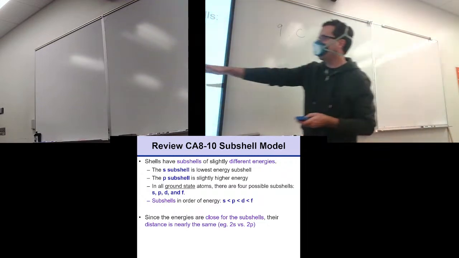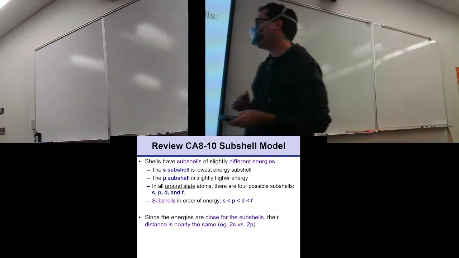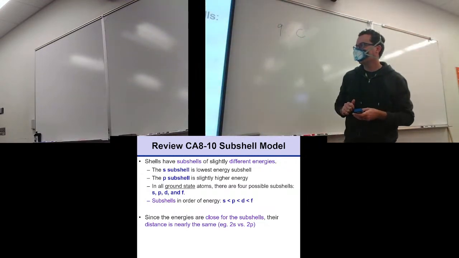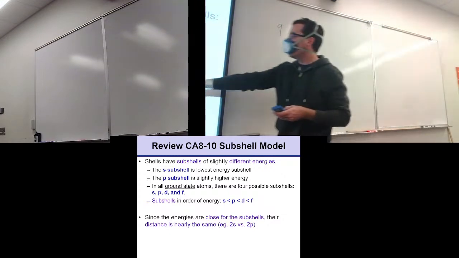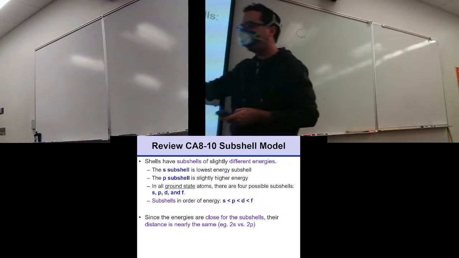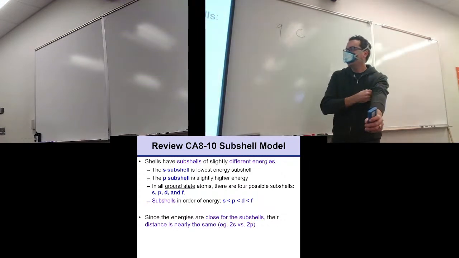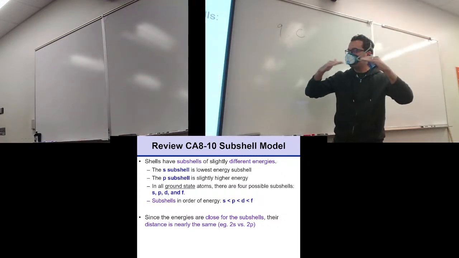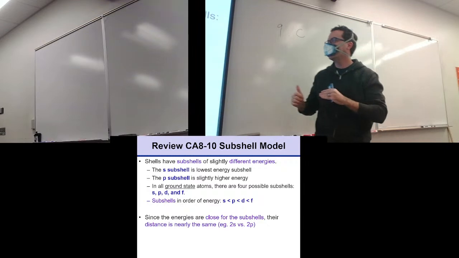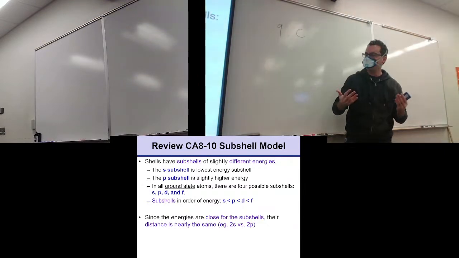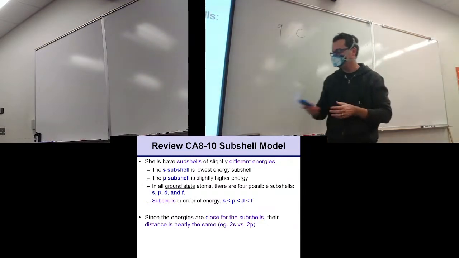So yeah, some of the energies of the subshells are close. So even though we have these subshells, 2s and 2p are different subshells, their energies are still somewhat close. And so when we consider the distance of the electron to the nucleus, they're about the same still.